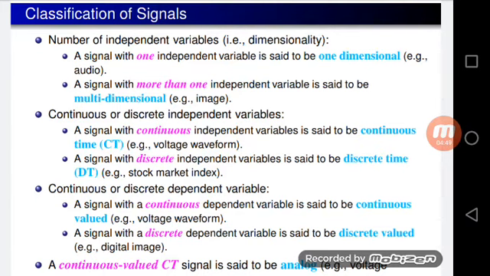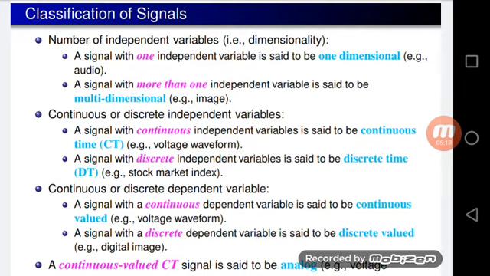Next, continuous or discrete independent variables. A signal with a continuous independent variable is said to be a continuous signal. A signal with a discrete independent variable is said to be a discrete signal.